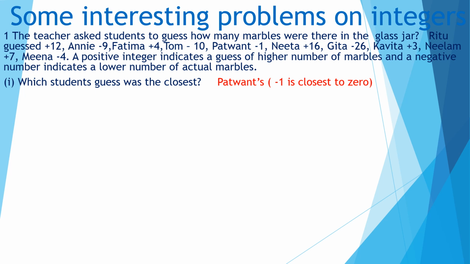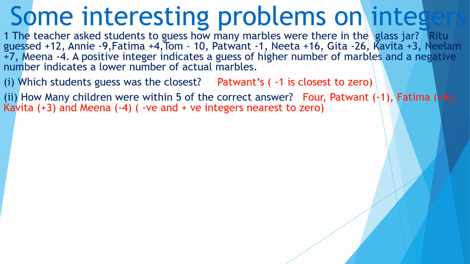Which student's guess was the closest? The student who is nearest to the 0, that person's guess would be the closest. So Patwan's guess is -1 and it is closest to the 0. So Patwan's guess was the closest.